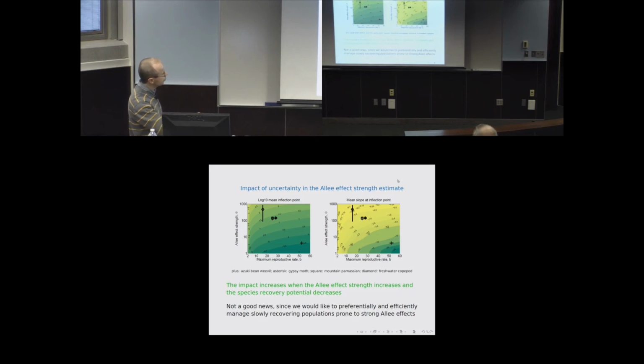I have data for the bean weevil, gypsy moth, the butterfly, mountain pine, and the freshwater copepod, so we can see for these species how vulnerable they are to extinction if their population gets small. The most vulnerable is the freshwater copepod. On the other hand, the least vulnerable is the Azuki bean weevil.